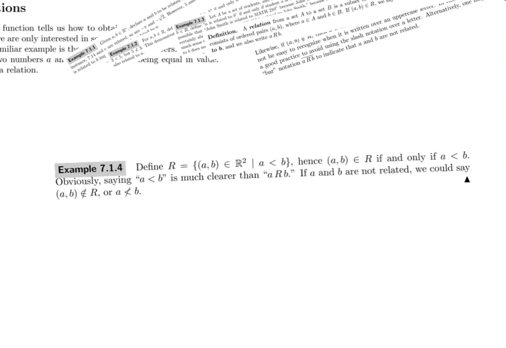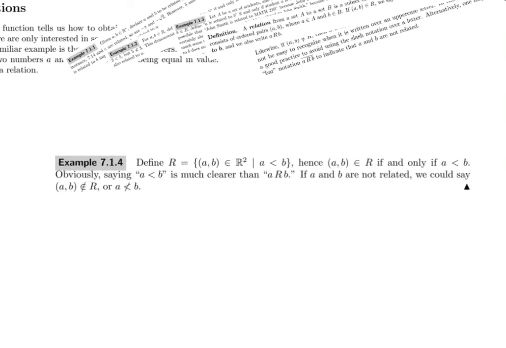One more example. So now we're going to use the fact that we formally defined a relation as a subset of the Cartesian product of two sets. So let's let R be the set of ordered pairs (a, b) in R², because remember R² means R cross R, such that a is less than b.